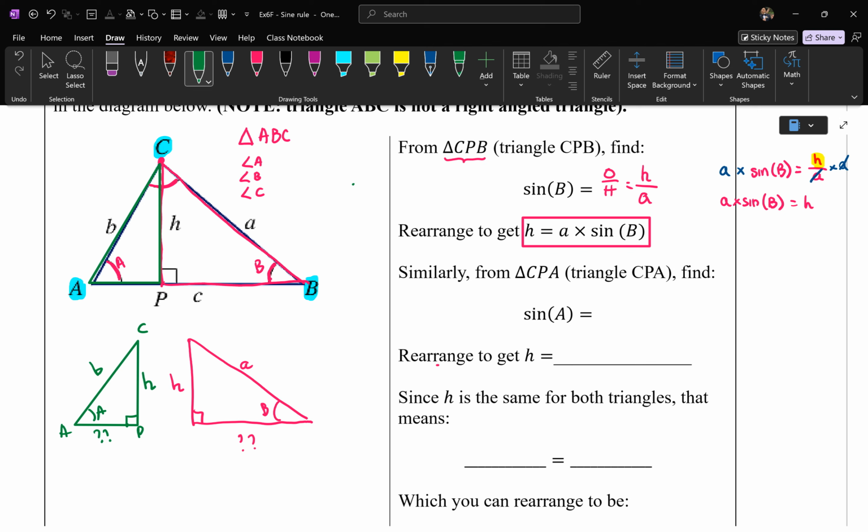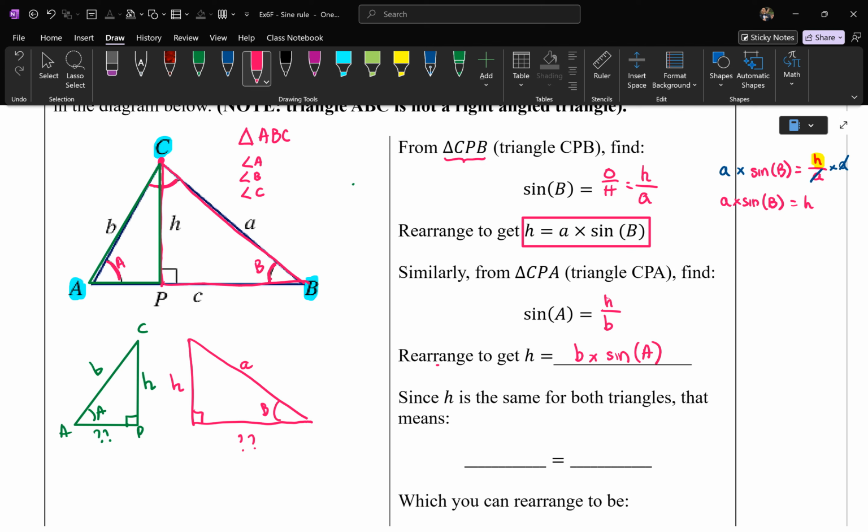By the same concept, I can also say sine of angle A, opposite over hypotenuse, is h over b. Now if you rearrange that, what's h equal to? Very good. So this one becomes b times sine of A, and that equals h.